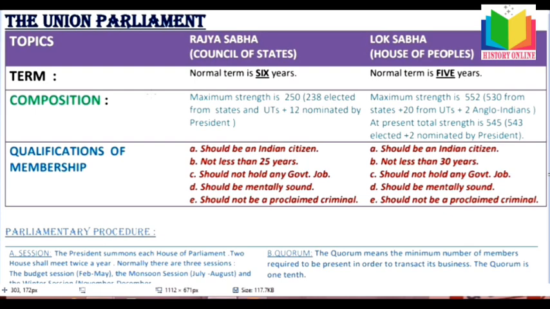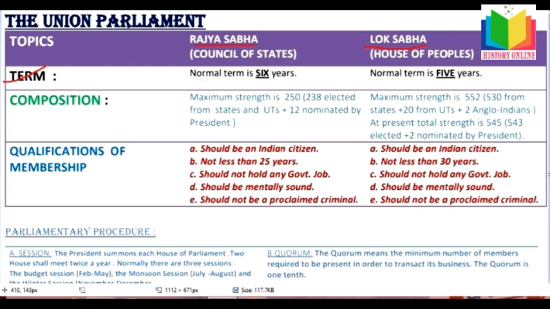The lower house is called the House of People or Lok Sabha, while the upper house is known as the Council of States or the Rajya Sabha. Now I will discuss term, composition, qualifications of members and parliamentary procedure, and after that the power and functions of the Speaker. So firstly, the term.